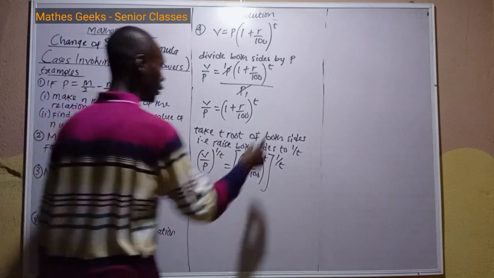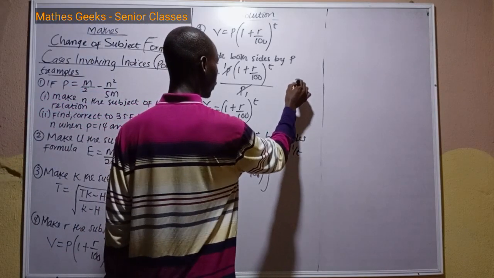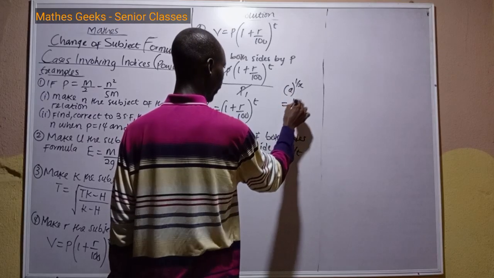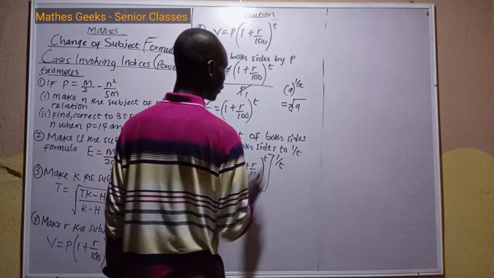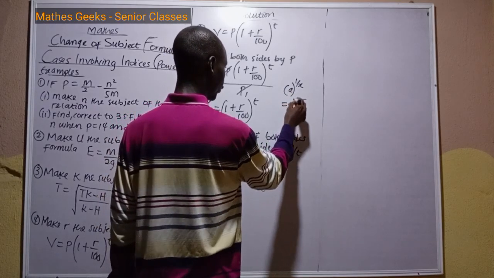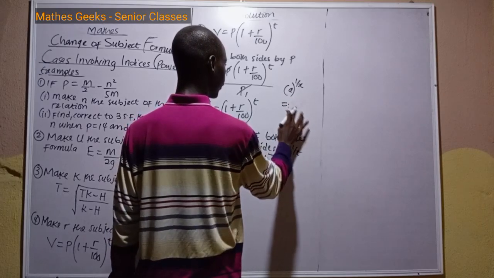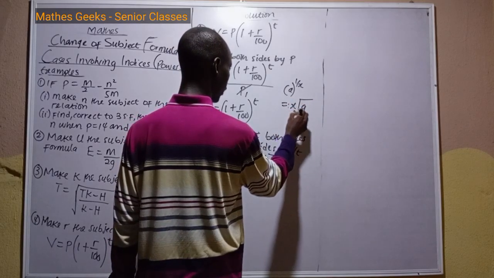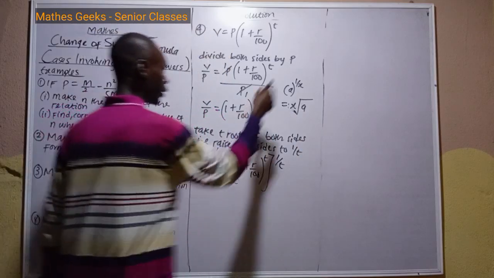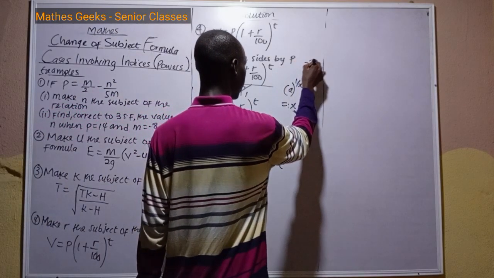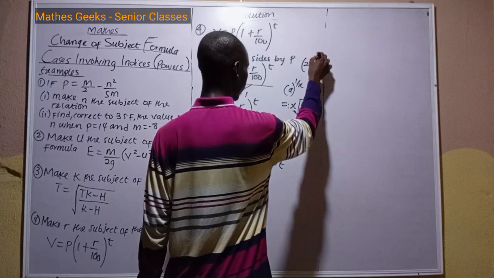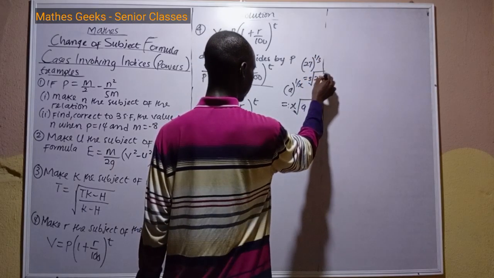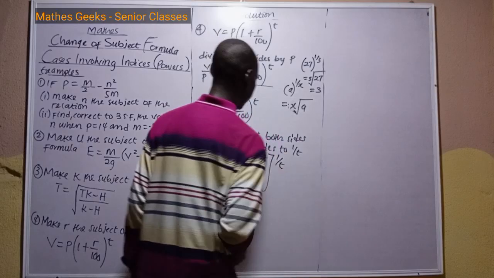From our indices, a to the power 1 over x is the x-th root of a. So if here is 27 and you have a 1 over 3, it means the cube root of 27, that's equal to 3.